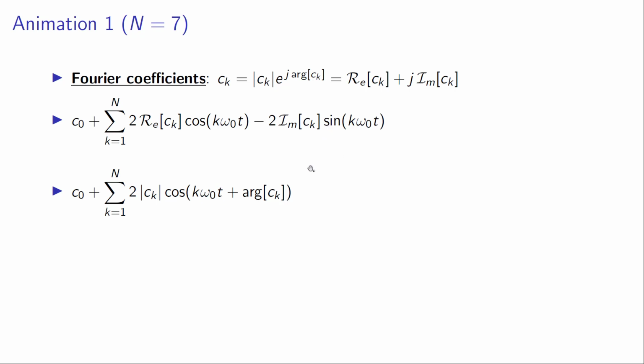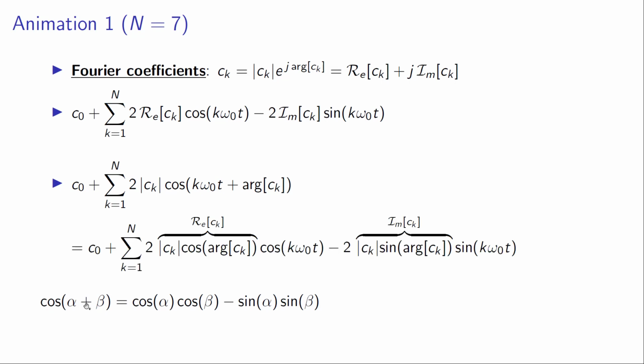The 2 expressions over here can be shown to be equivalent. It's very easy if you remember the following trigonometric identity from your trigonometry classes. If you use this trigonometric identity in the cosine, this being alpha and this being beta, this is what you produce, and this is actually the real part of c_k.